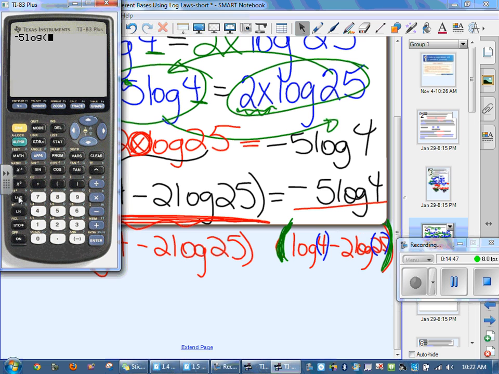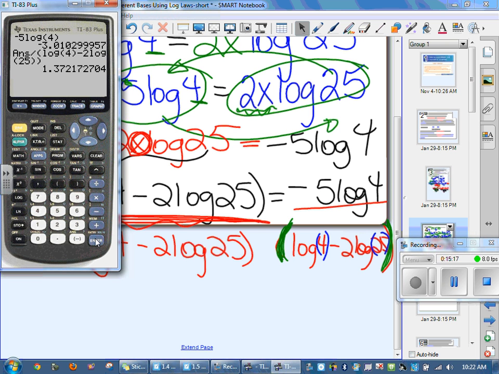Then I'm going to divide by, open bracket, log 4, close my bracket, subtract 2 log 25, and I put my double bracket. Okay, hit enter, and you should get an answer of 1.37. We want 2 decimal places, 1.37. Give that a try. Did everybody practice that and get the correct answer?